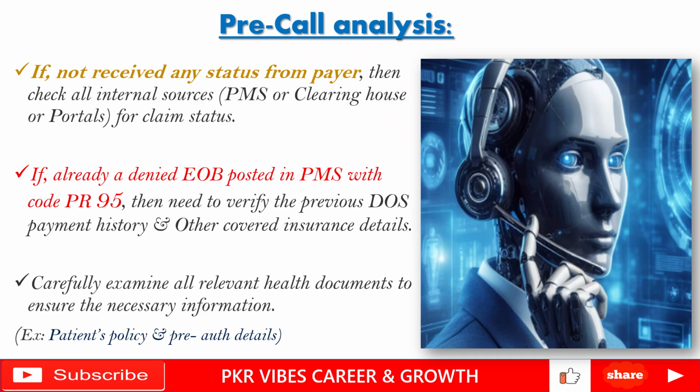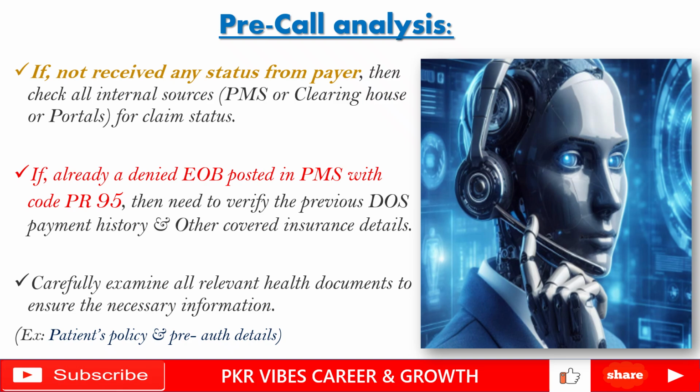If you do not find any information in either PMS or clearinghouses, then your last alternate is to check the respective payer portal. If you have access to that insurance portal, you should check the claim status in that portal.